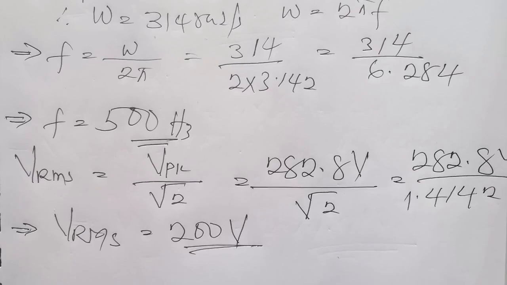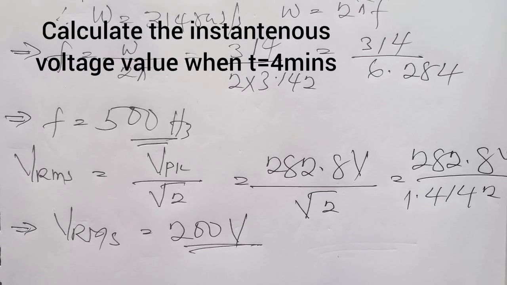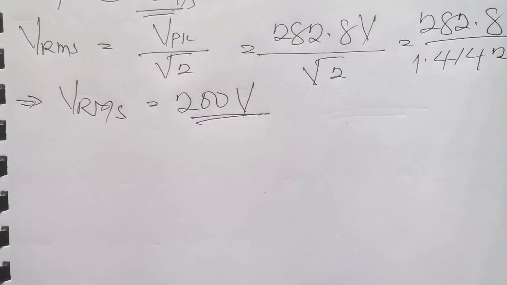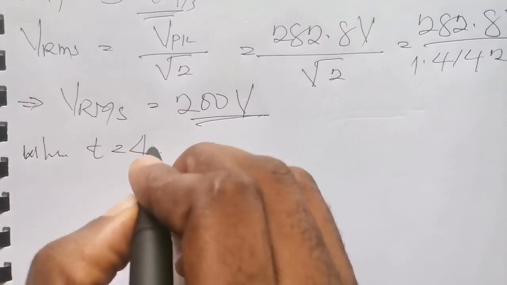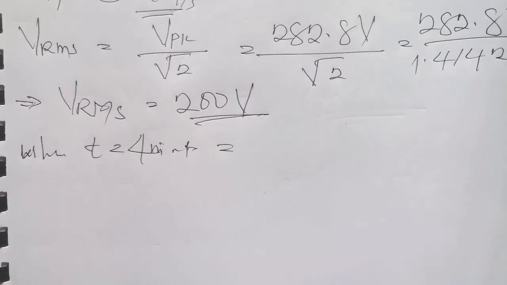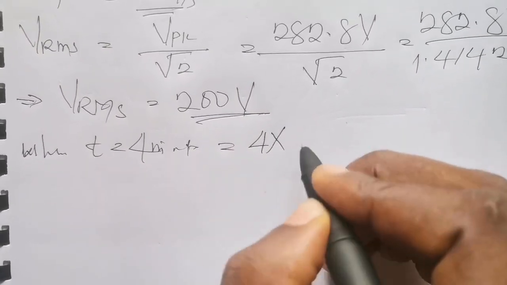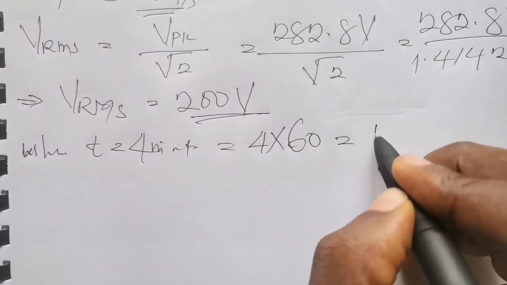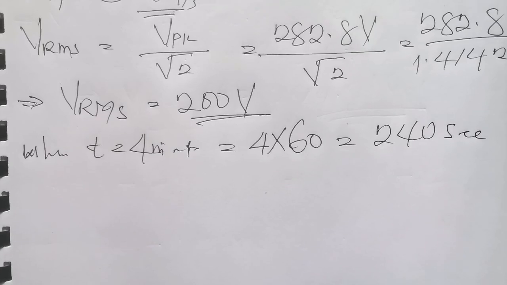Now the next question says to find the value of the instantaneous voltage when t is equal to 4 minutes. So when t equals 4 minutes, the next thing we do is convert minutes to seconds. That means t is equal to 4 times 60 seconds, which is 240 seconds, and this is our time.